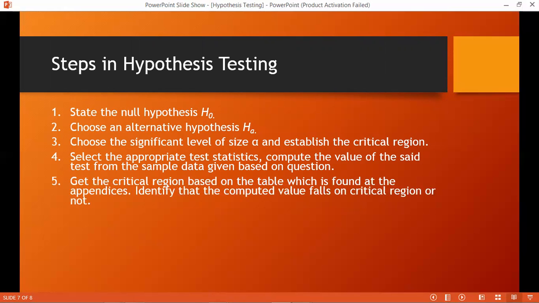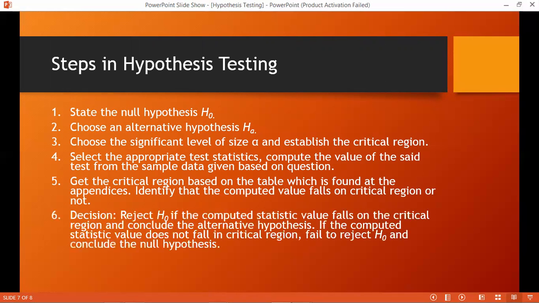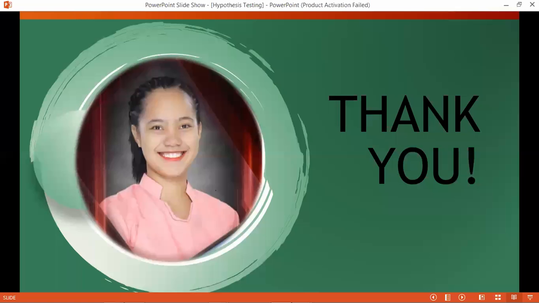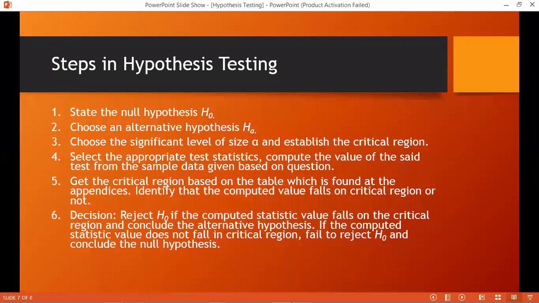Fifth, get the critical region based on the table which is found at the appendices. Identify whether the computed value falls on the critical region or not. Lastly, make a decision. Either you reject H sub O if the computed statistic value falls in the critical region, and then you conclude the alternative hypothesis. If the computed statistic value does not fall in the critical region, you fail to reject H sub O.